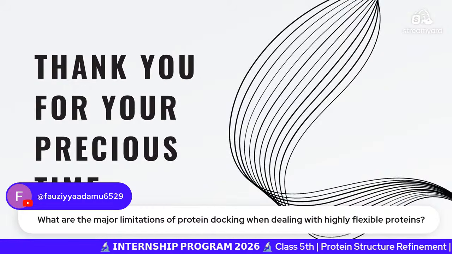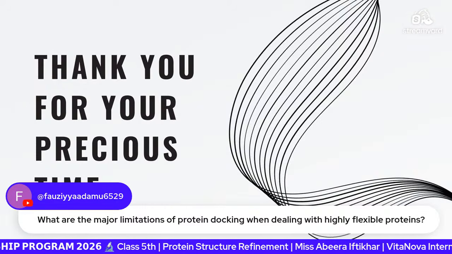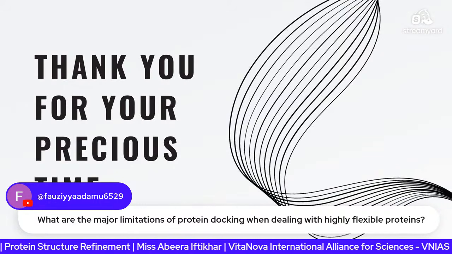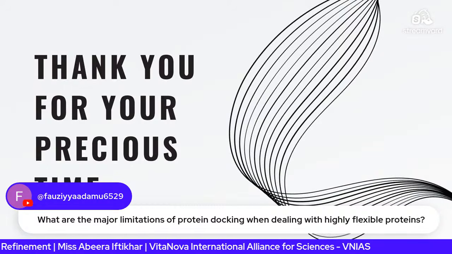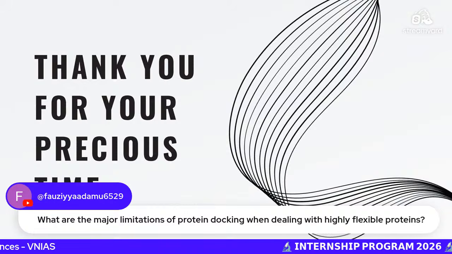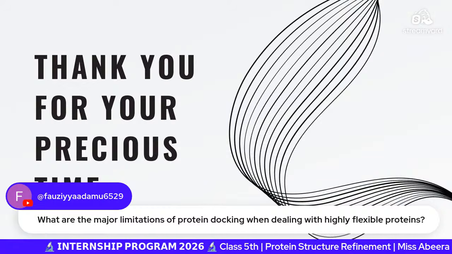Major limitations of protein docking when dealing with a highly flexible protein. There are multiple types of limitations in protein docking. If you are going for protein to protein docking, there are two types of docking. Either you move toward rigid docking, which doesn't offer flexibility in the structure, or flexible docking, which offers many types of flexibility in the structure.